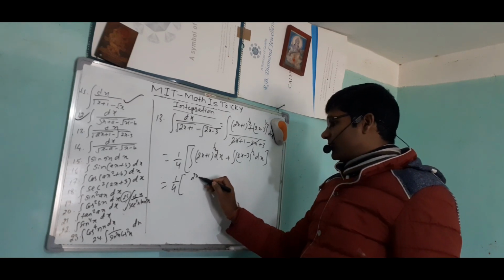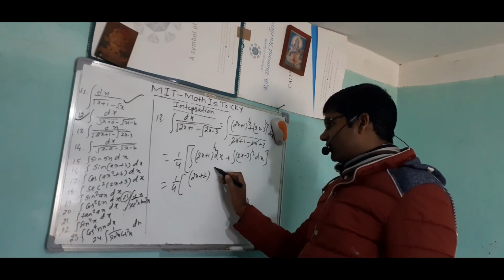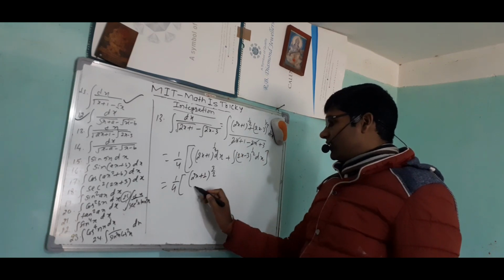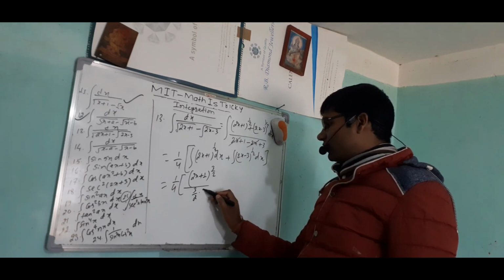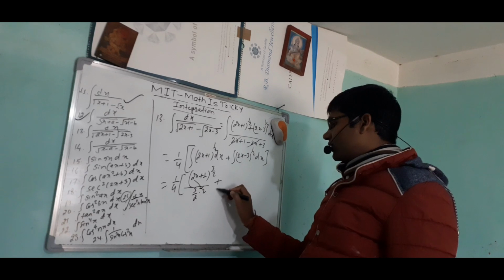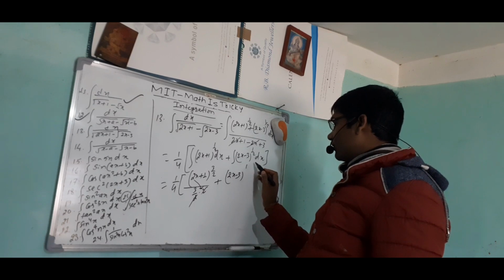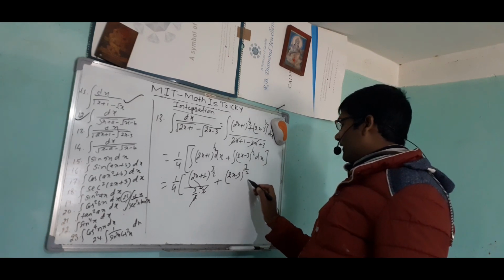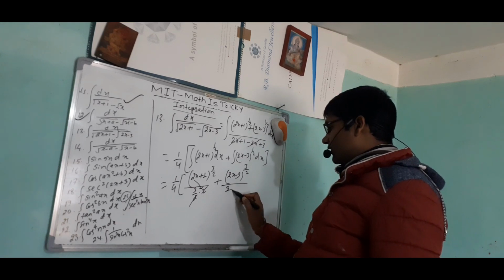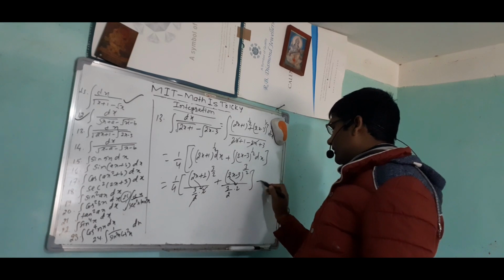This is 2x plus 1, by formula 1 by 2 plus 1 means 3 by 2, and here we'll be getting 3 by 2 into 2. This 2 will come down, so 2 and 2 cancel. So again same thing here, 2x minus 3 power 1 by 2 plus 1 means it is 3 by 2, and then it is going to be 3 by 2 into 2. This 2 will come down, remember, and then plus c.